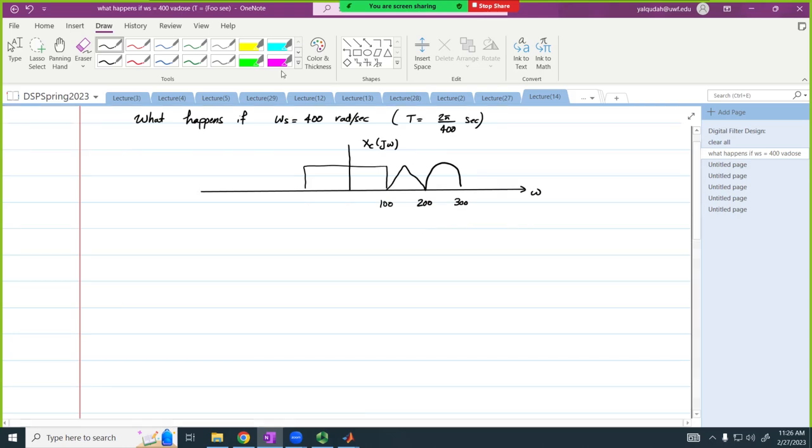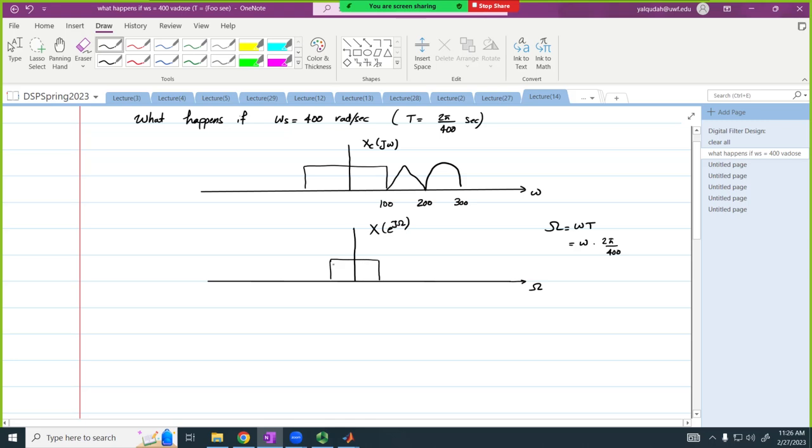Now, if I want to see what signal is going to be filtered, I'm going to come to this omega and plot X of e to j omega. Omega is equal to w multiplied by T, which is going to equal w multiplied by 2 pi divided by 400. And therefore, omega is going to look something like this.